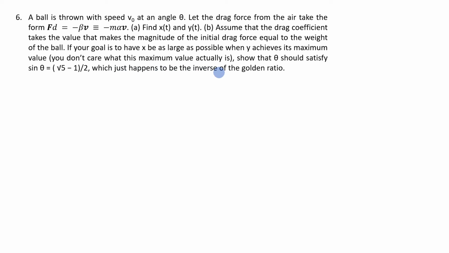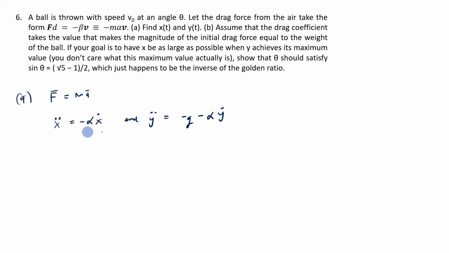Okay, let's solve this problem. First, part A. At condition A, we can first write the second law like this. Of course, F and a are vector quantities. This gives x double dot equals minus alpha x dot, and y double dot equals minus g minus alpha y dot.